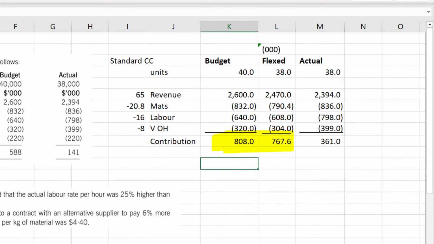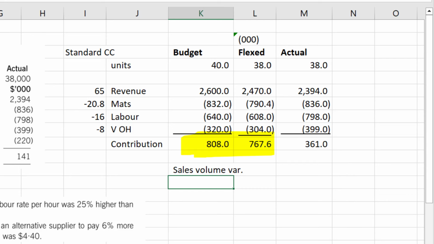So that is called the sales volume variance, and that's going to be equal to the flexed contribution minus the actual. We get a 40.4.